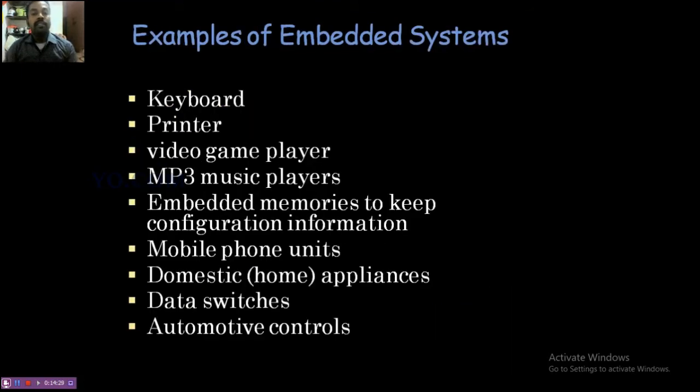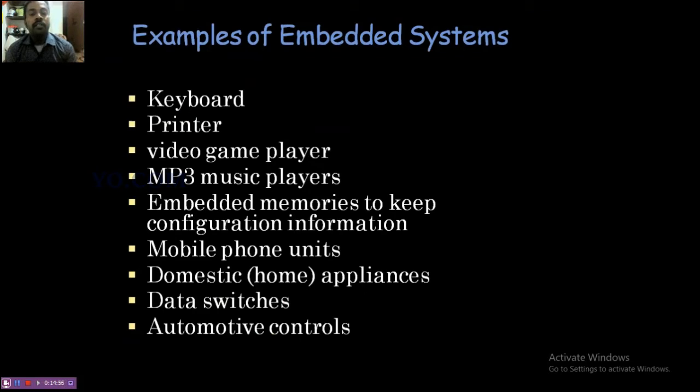Then examples of embedded systems. Keyboard: if you open the keyboard, all the keys are connected with one single smaller chip. That chip coordinates all the keys and sends the key codes to the computer by using a USB cable. Then the printer has a microcontroller.